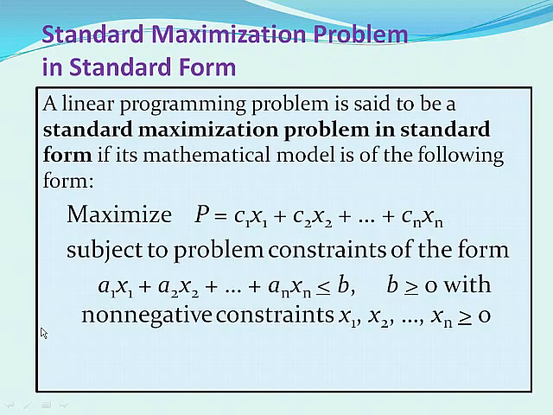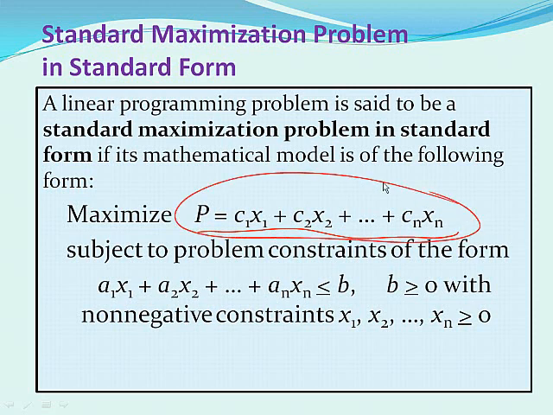A linear programming problem is said to be a standard maximization problem in standard form if its mathematical model is of the following form. We need to maximize a function p equal to c1 x1 plus c2 x2 plus etc. plus cn xn. This is called the objective function.